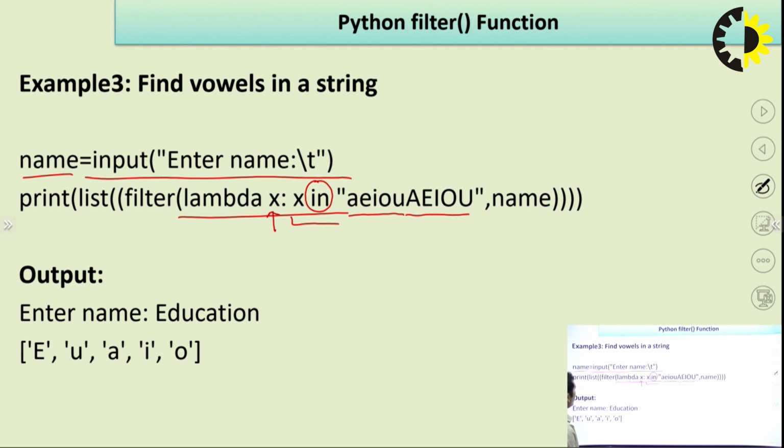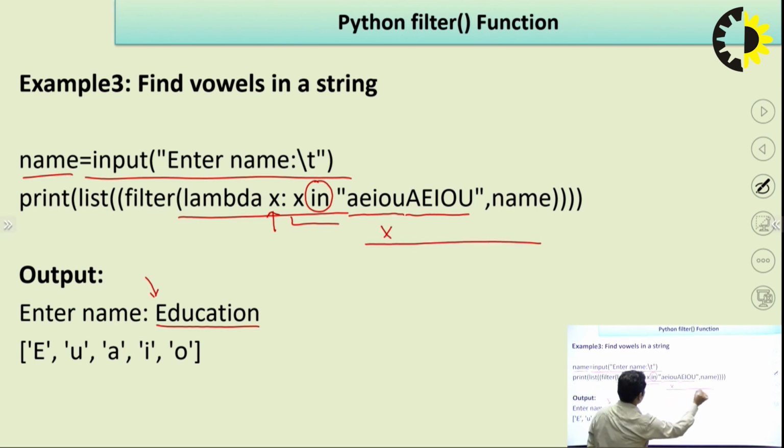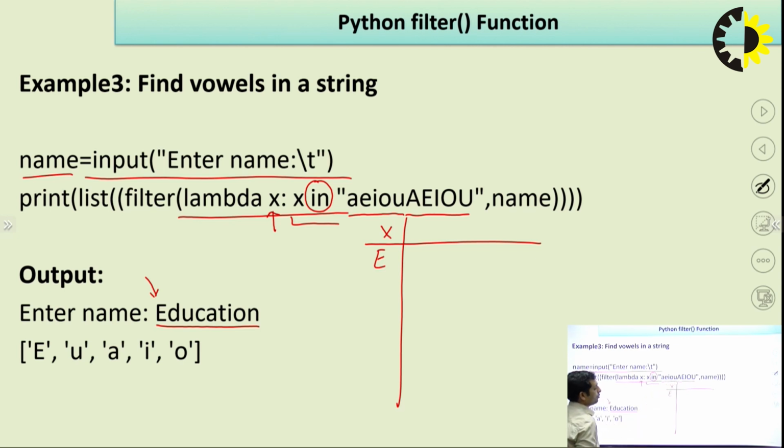As an example, if we have received the input education, first for the E, this function is called. Now the value of x is E. So, E in A, E, I, O, U, yes, it is here. So this will return true, and it is added into this particular list.